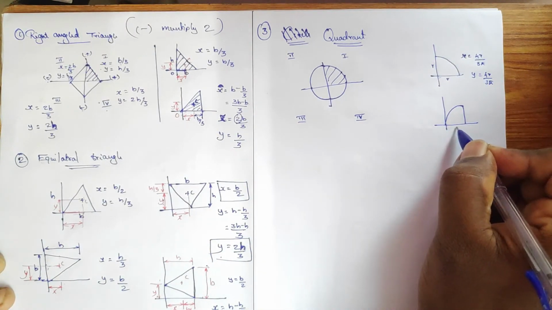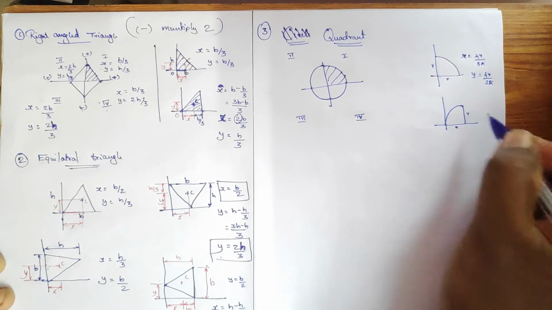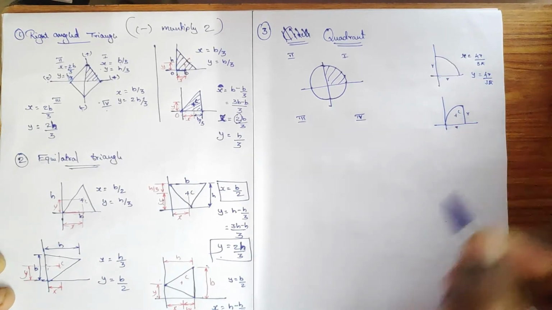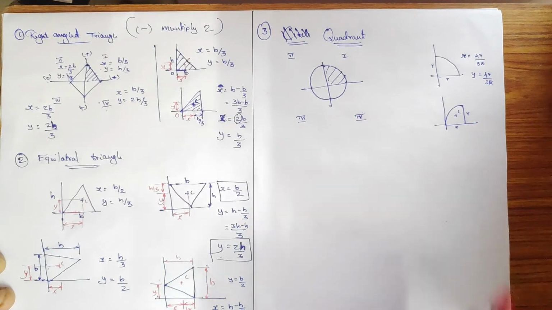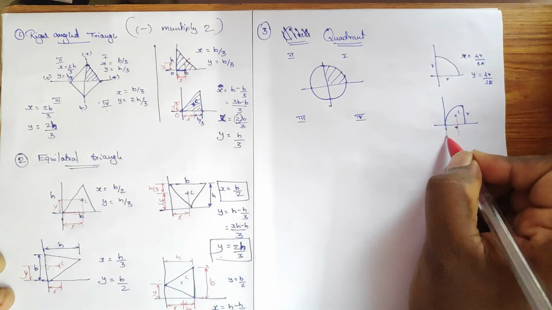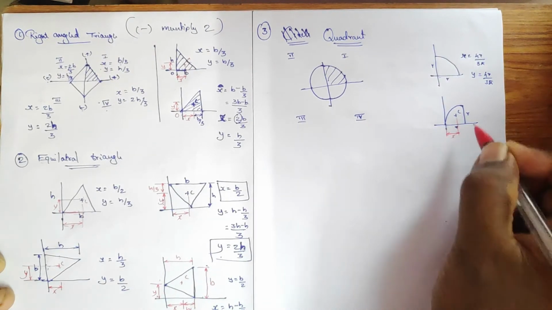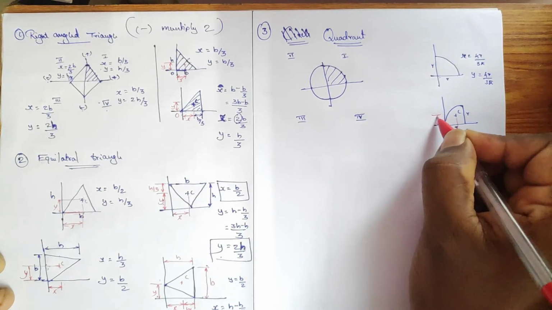Here the length is r and the height is also r. Somewhere here the centroid will be. What about the distance x and what about the distance y?